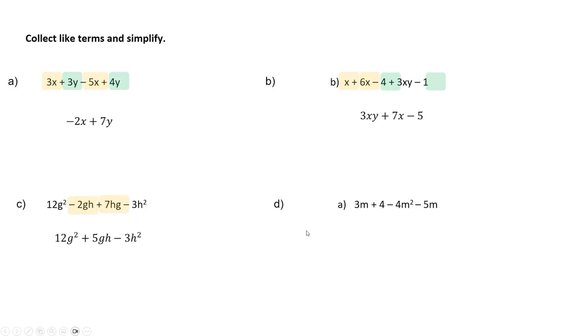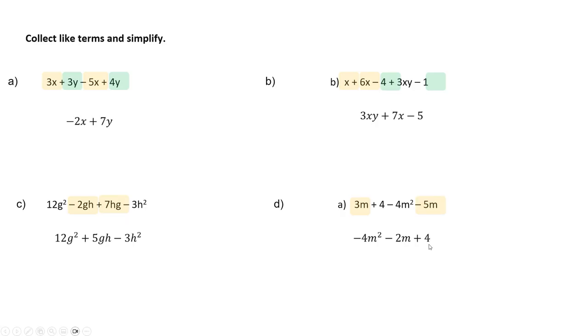Question D, 3m plus 4 minus 4m squared minus 5m. Our like terms are the m terms, so we can collect them and add them together for a final answer of -4m squared minus 2m plus 4.